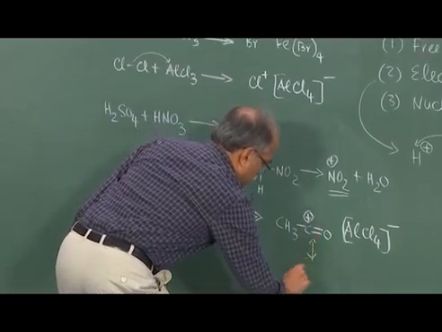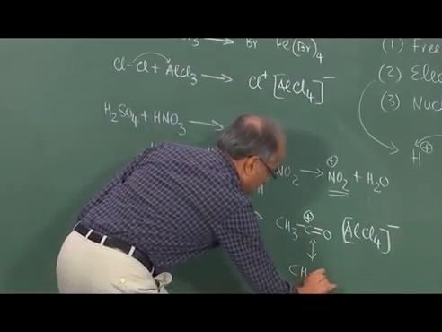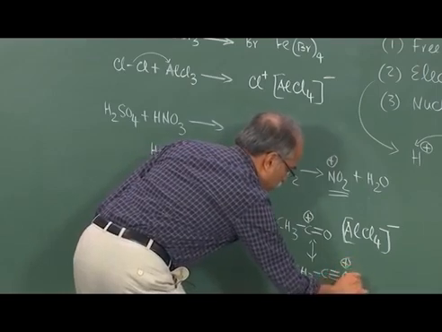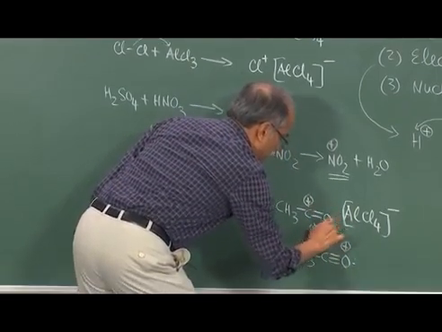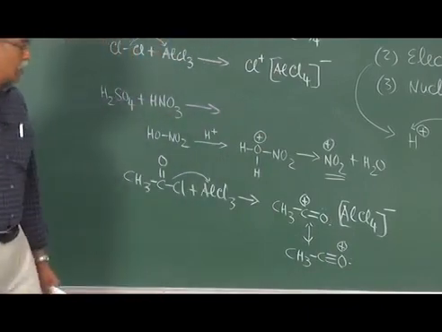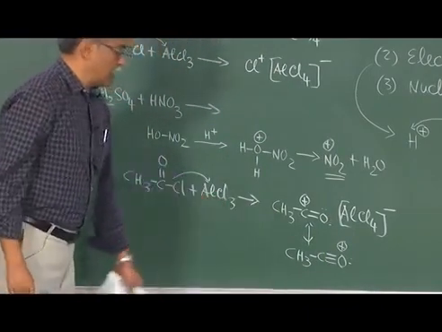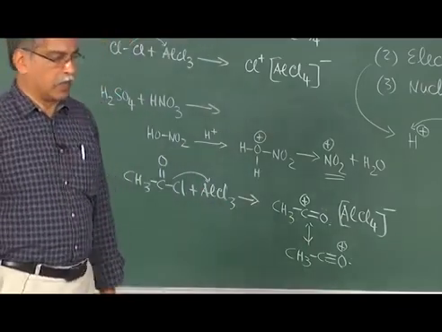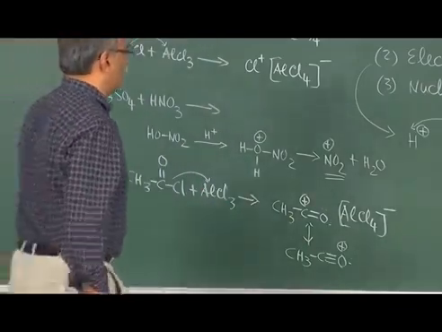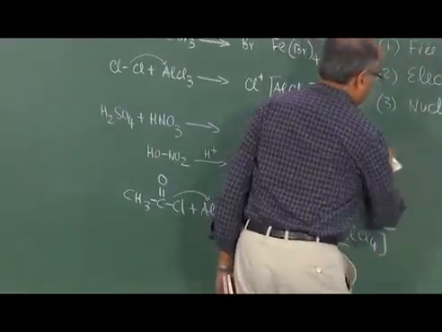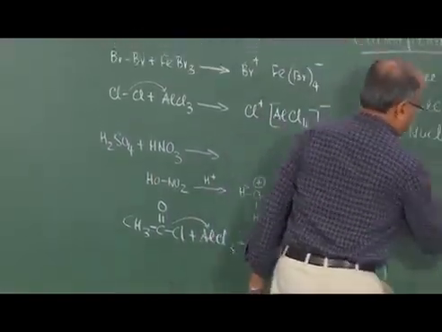One can write the resonance structure as this structure here. So, this is an acyl cation or acetyl cation is what we are referring to as the electrophile. Electrophiles can also be produced, alkyl carbonium ions are electrophiles for example.